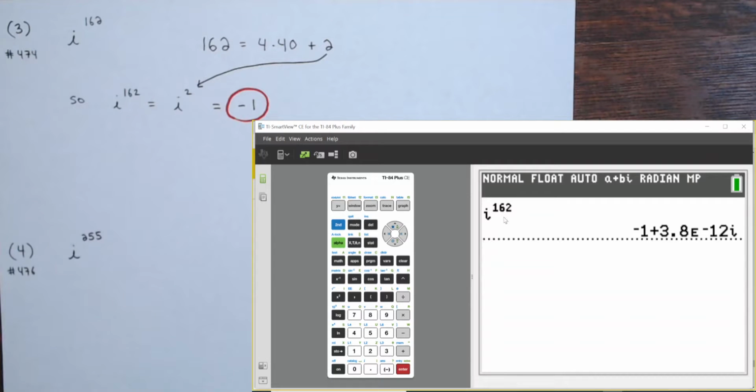So it's -1, right? This is really -1. And the reason that happened is because of the high power of i here.